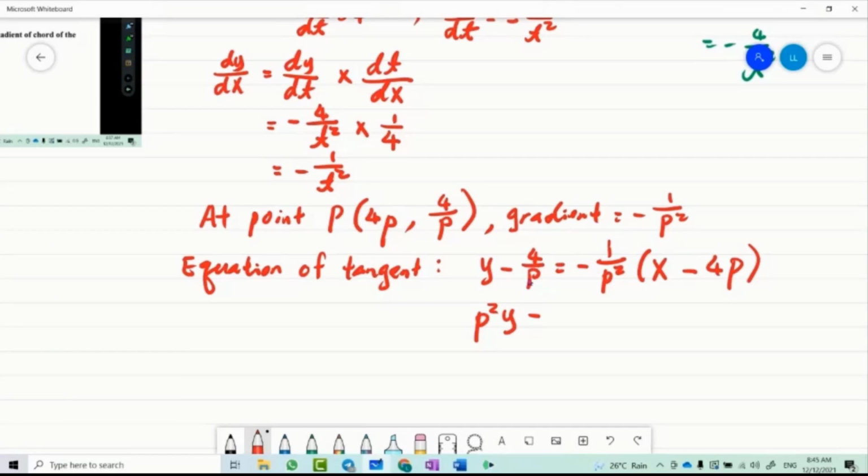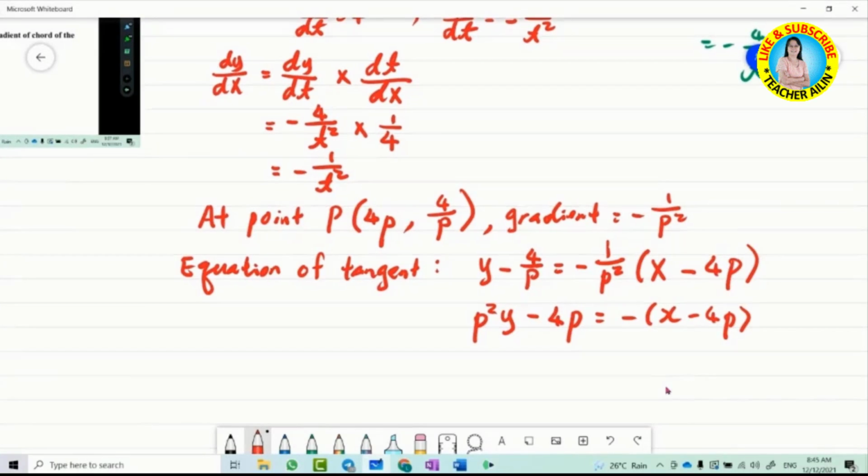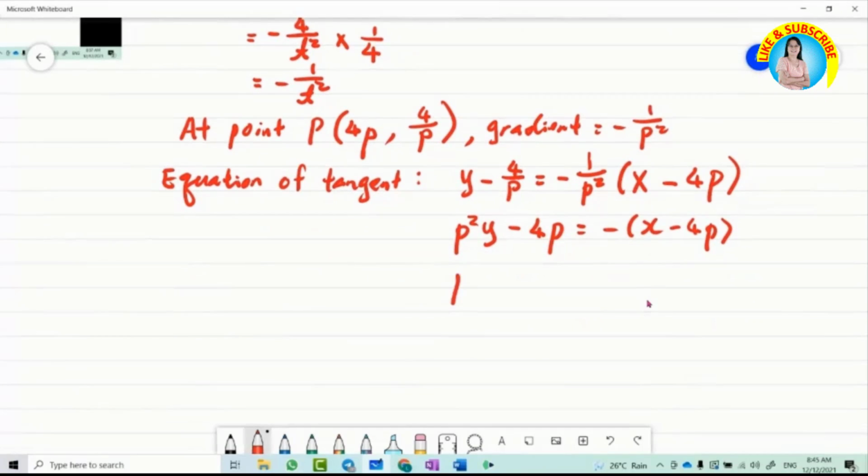Ini darab P kuasa 2. Awak dapat 4P. Ini darab P kuasa 2. Tinggal ini. Dan kembangkan. Then shift everything to the left hand side, becomes general form.